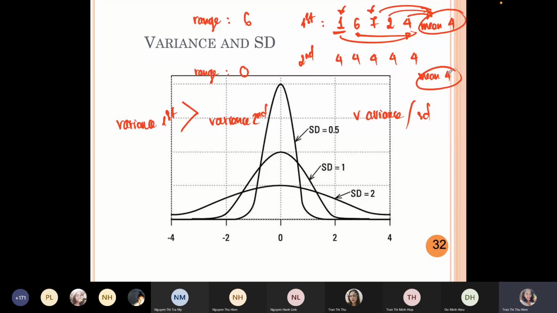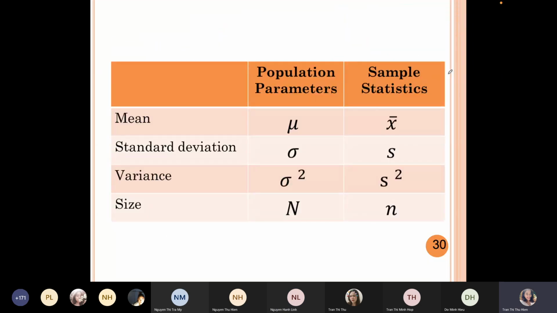So here is the notation table for population and sample, and it is a little bit different. I will spend 2 minutes for you to write down the table and remember it by yourself. For the population mean it is mu, but for the sample it is X bar.